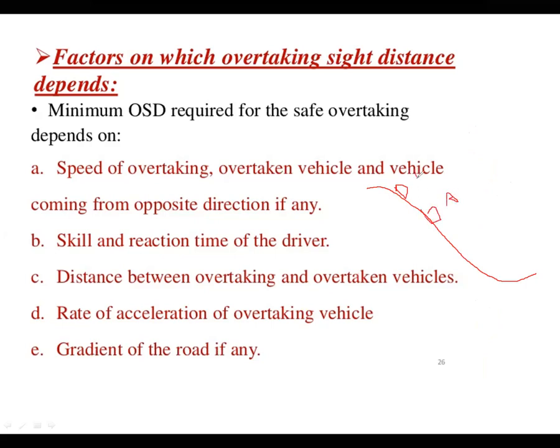This is A vehicle, this is B vehicle, and another vehicle coming from the opposite direction is C vehicle. In that situation, the C vehicle will obviously move with a very low speed because it is moving on the ascending gradient. On the other side, A and B are moving very fast because they are moving on the descending gradient.